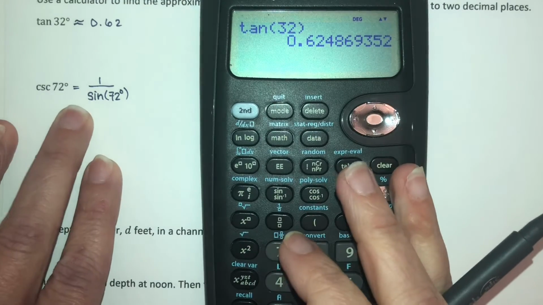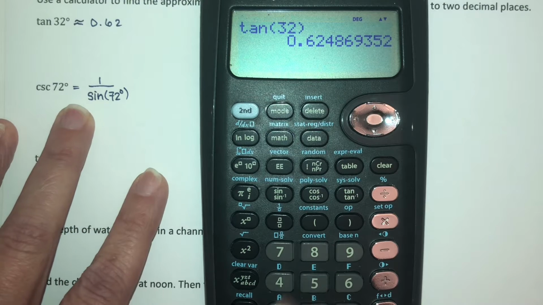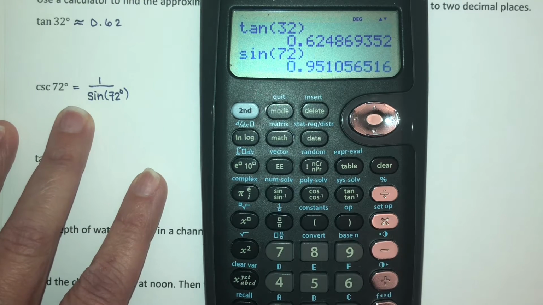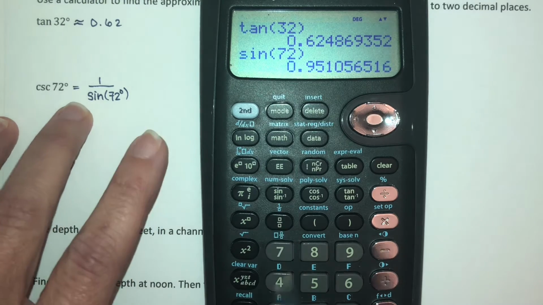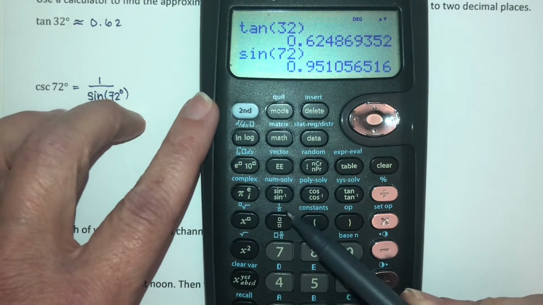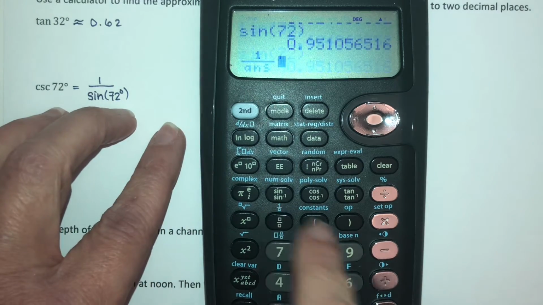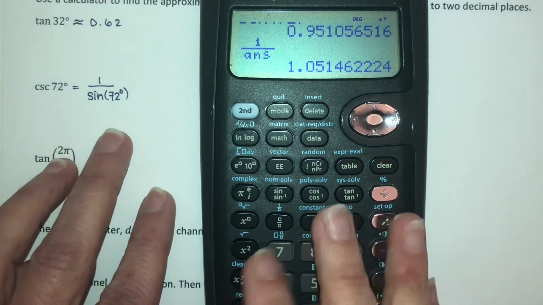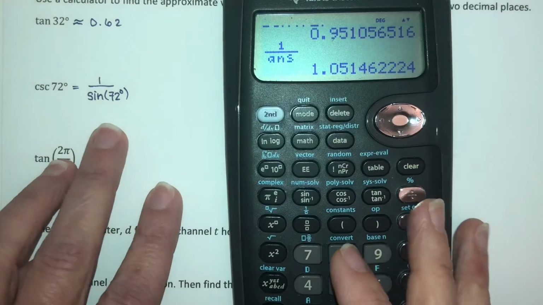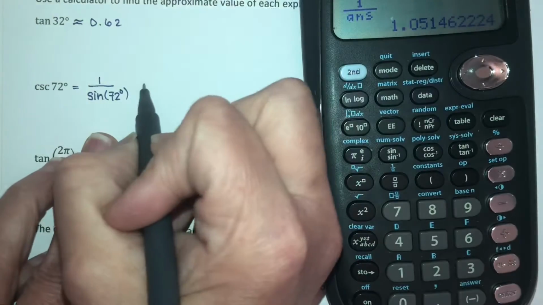So there are two ways I could calculate this. I could find sine of 72 degrees and then ask it to find the reciprocal by doing the 1 over blank button or x to the negative 1 button, depending on what your calculator has. And it will give me my answer. That is approximately 1.05.